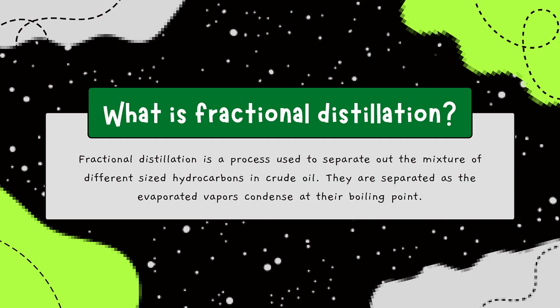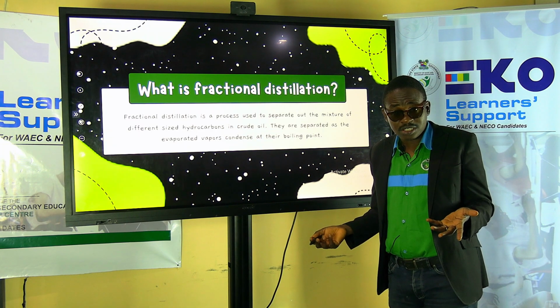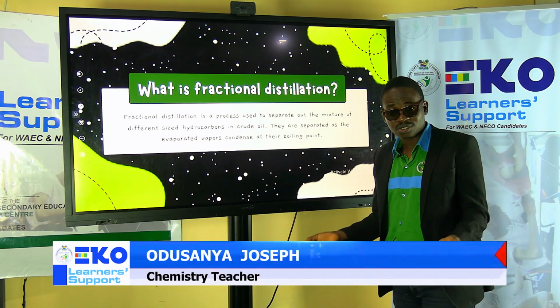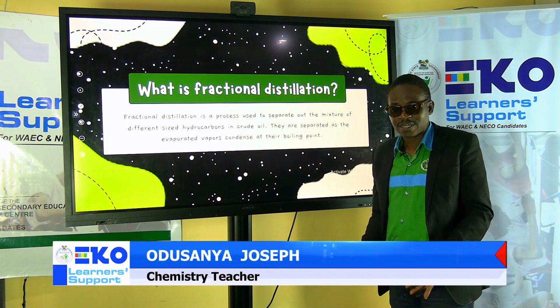Therefore, fractional distillation, according to what I have on the board, is a process used to separate out the mixture of different size hydrocarbons, hydrocarbons precisely in crude oil. They are separated as their evaporated vapors condense at their boiling point. Never forget. Why is this so essential? It's because those components are physically combined together.